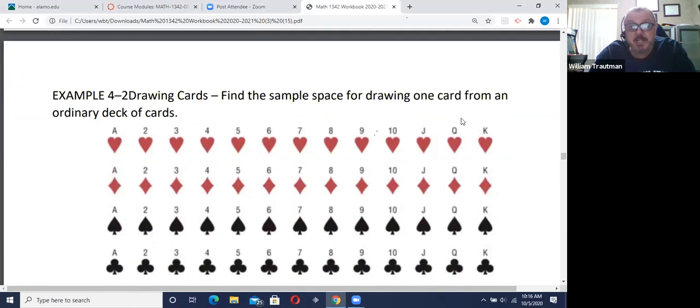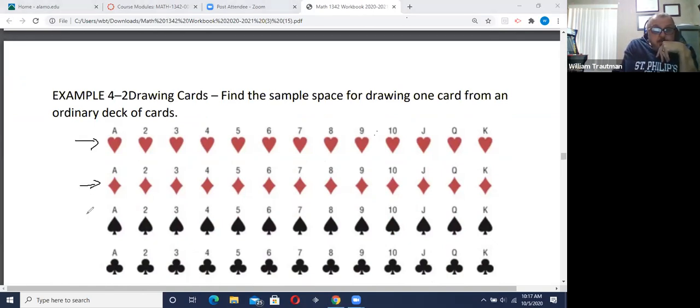Now, everybody, I found out that not everybody uses a deck of cards and understands what a deck of cards is, but this is a deck of cards. There are 4 suits. These are suits. Let's talk about that. They're called suits.